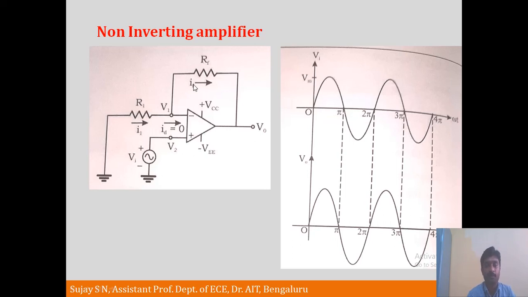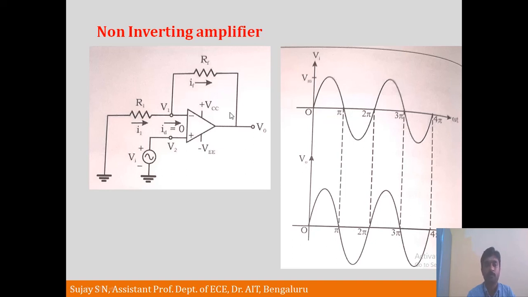Here in the figure the directions are reversed. Actually the current flow direction for RF will be in this direction, V0 to V1. Similarly, the current flowing through R1 is V1 to ground. Let us put it in the reverse direction, from right to left.